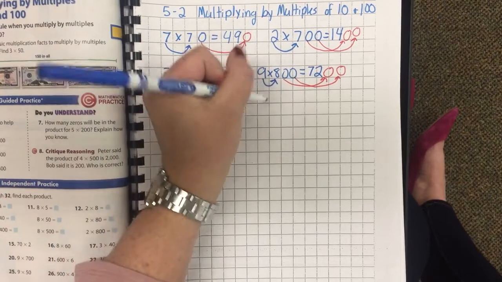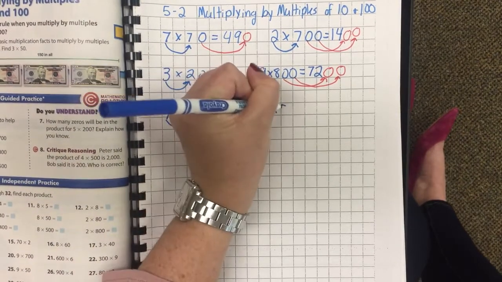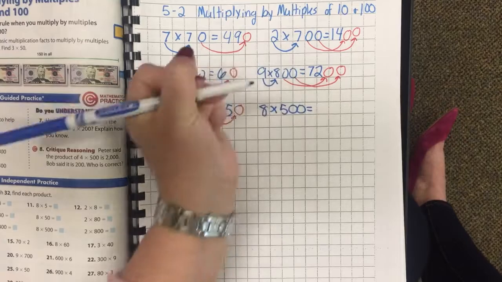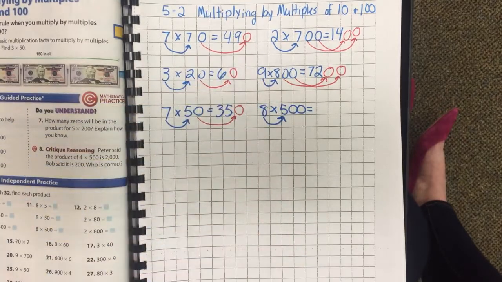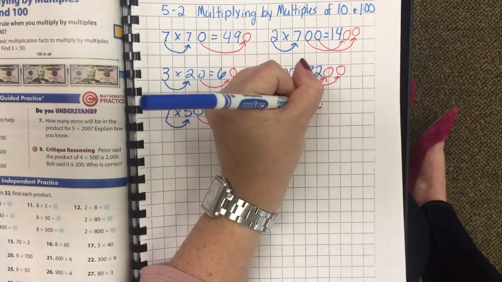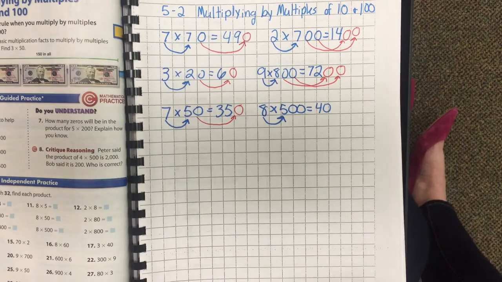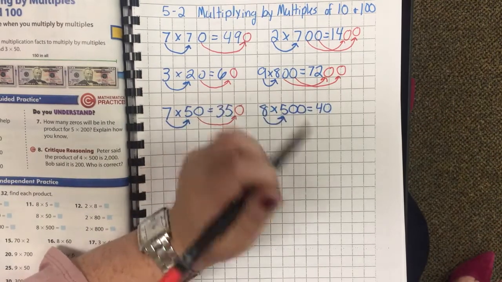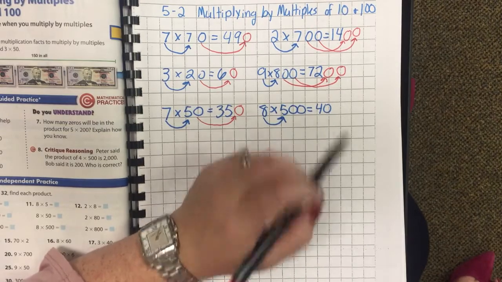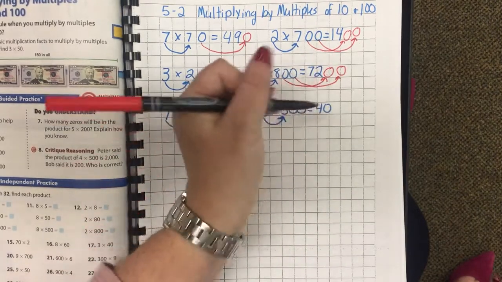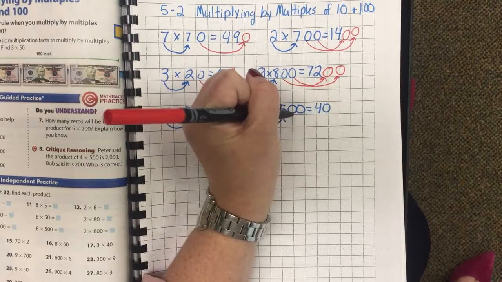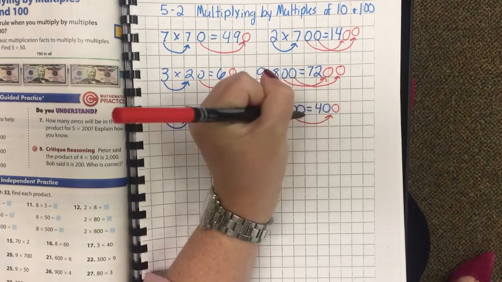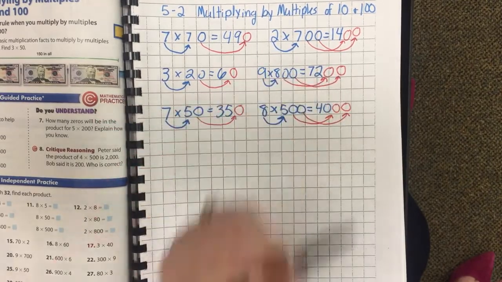8 times 500. All I'm doing is 8 times 5, which is 40. And then, not to let myself get confused by the fact that there is already a 0 there, because that's going to be what gets you in trouble. That's why I make my arrows like this to help me out. Put on 1 zero, put on the other zero.